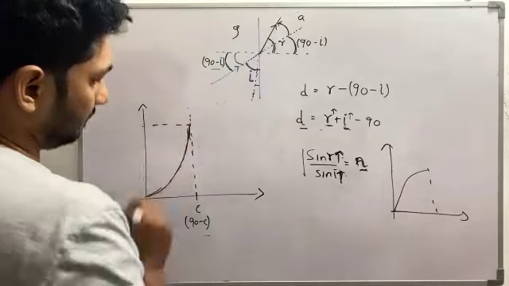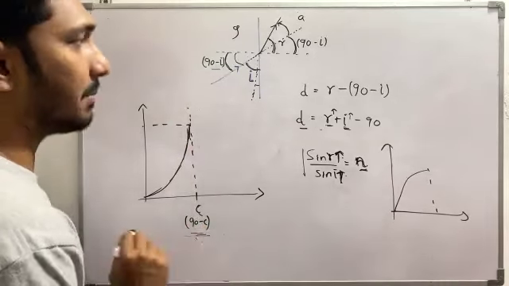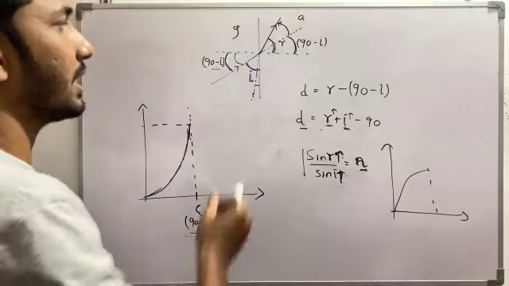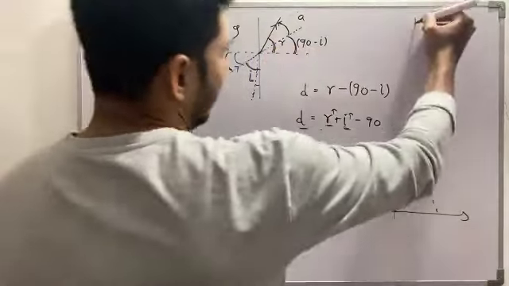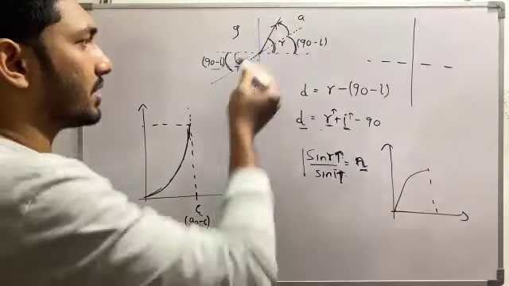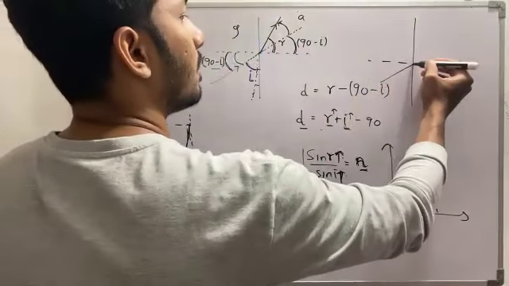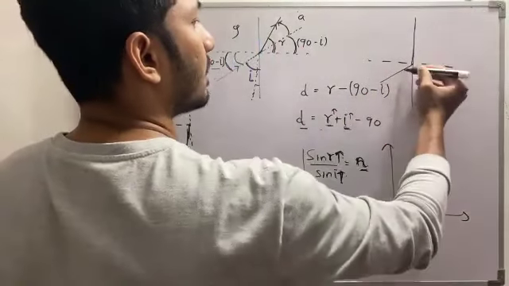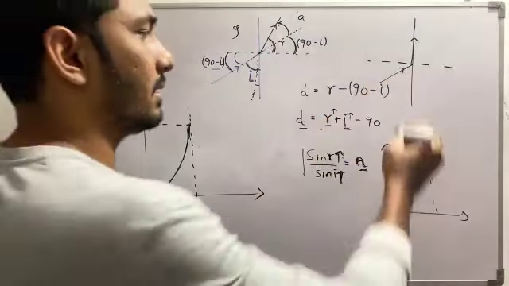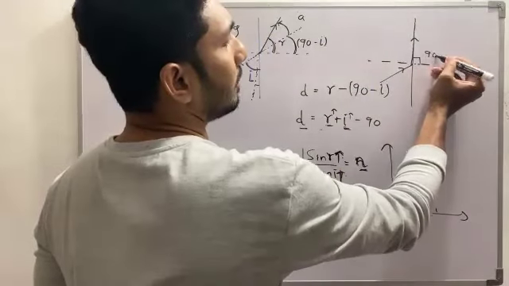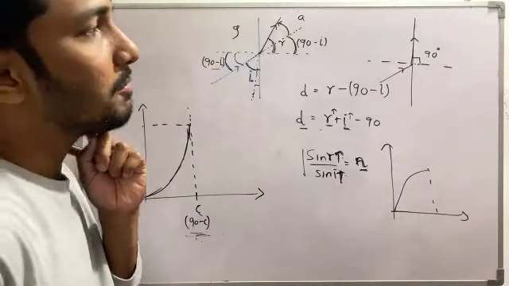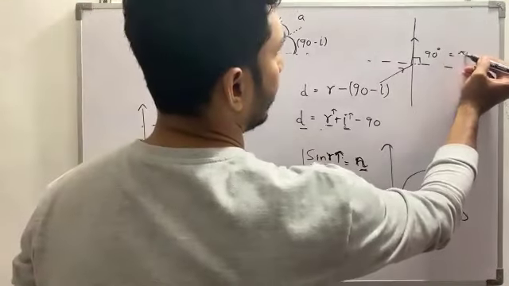Now when it is C, which means 90 minus C here, it will undergo a total internal reflection. So at that point, initially, when it's just equal to C, it undergoes critical refraction. It will be like this. So this is pi by 2 in radians.